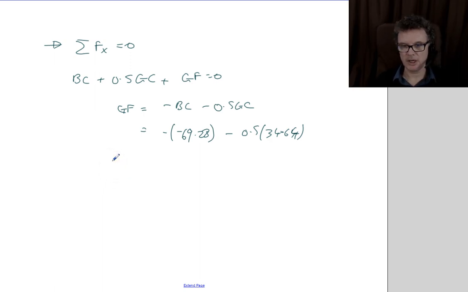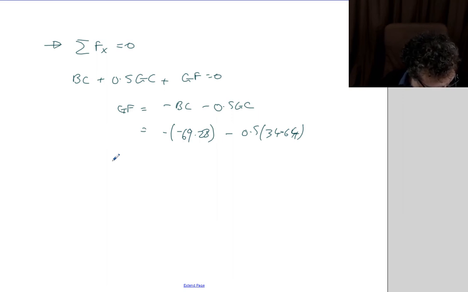So we are going to end up with 69.28, take away 0.5 times by 34.64. Okay, and I get a different answer to the book. What have I done wrong? Probably on my calculator. Yes, I have.